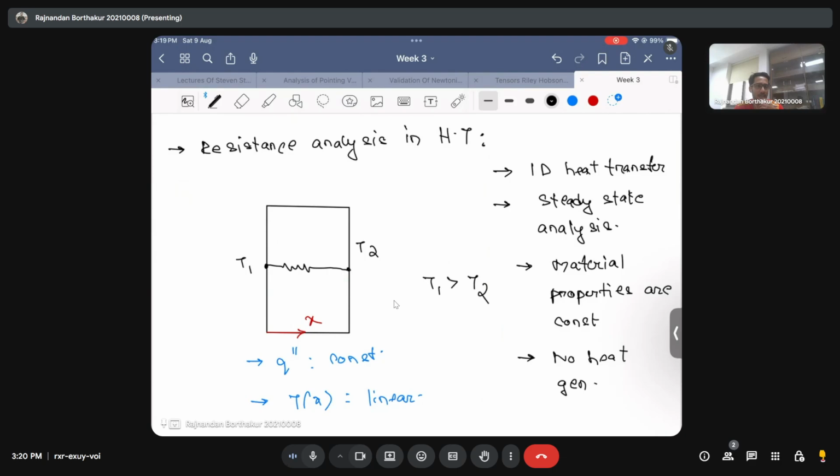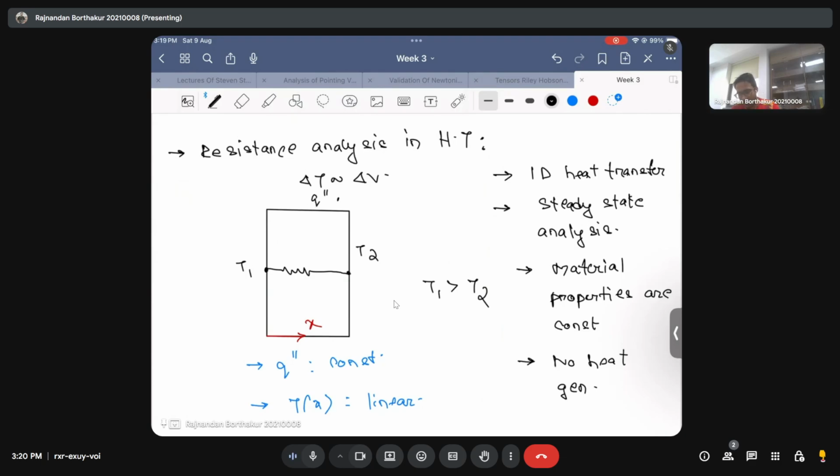Drawing an analogy from the electrical circuits that you might have studied in your elementary classes or the initial classes of your bachelors, you can say that the temperature difference is analogous to the voltage difference in electrical networks, and the flux that you write is analogous to your current.